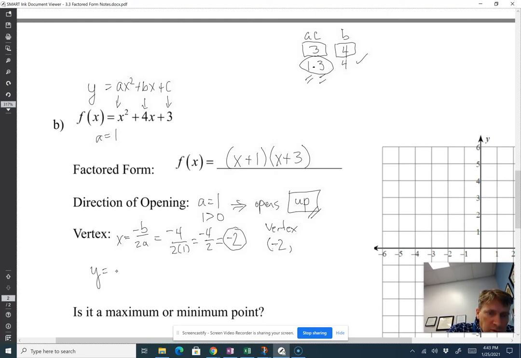And then I want to find the y value. So y equals, and I'm using standard form, so x squared, which would be negative 2 squared, plus 4 times the x value, which again is negative 2, plus 3. And negative 2 squared is positive 4. 4 times negative 2 is minus 8. And then we have plus 3.